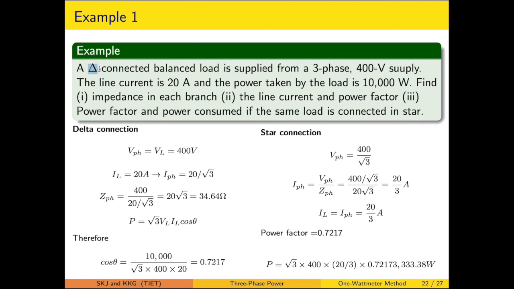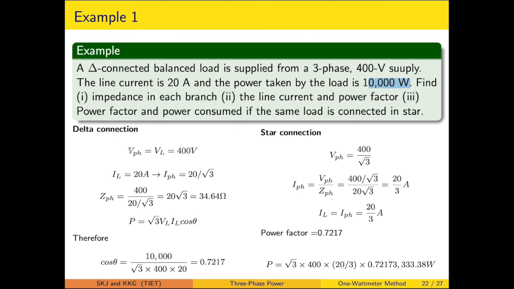The load is connected in delta, the line current is 20 ampere and the total load is 10 kilowatt. We have to find out the impedance of each branch, the phase current and the power factor. Now the same impedance is connected in star formation, and we have to find out the load power factor.